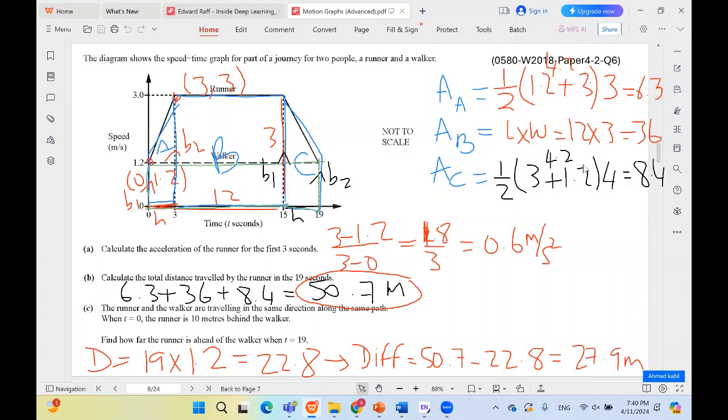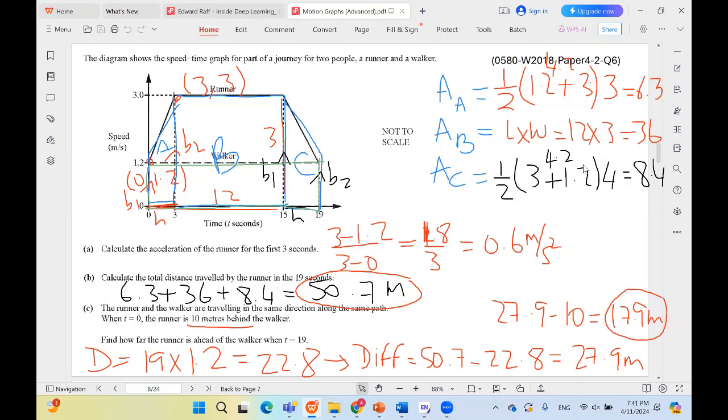But the runner was initially 10 meters behind the walker. So we want how far the runner is ahead. So the runner will now be ahead by 27.9 minus 10, which gives us 17.9 meters as a final answer, because we have to remove the 10 meters that the runner needed to cover in order to catch up with the walker to begin with.